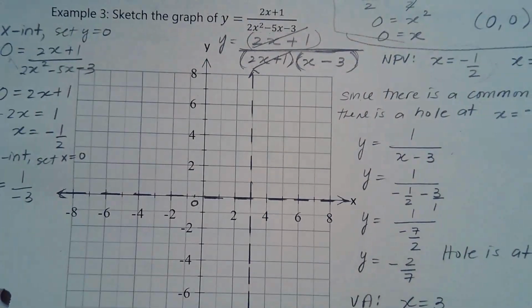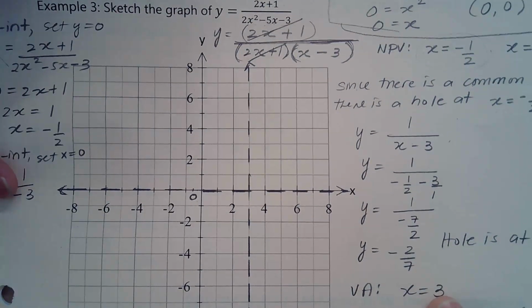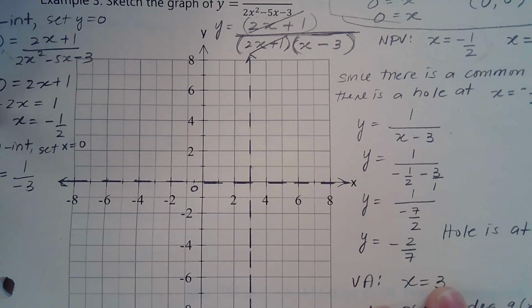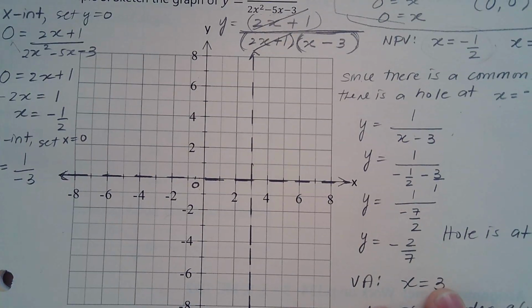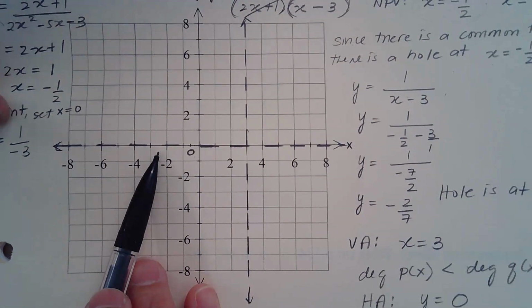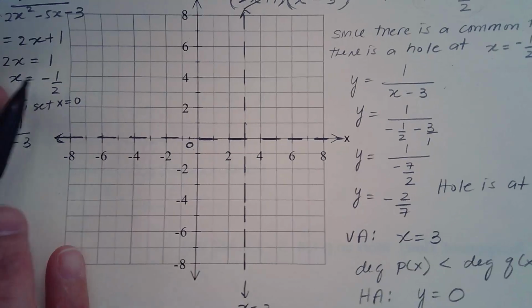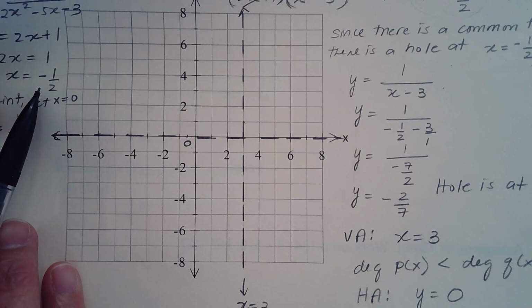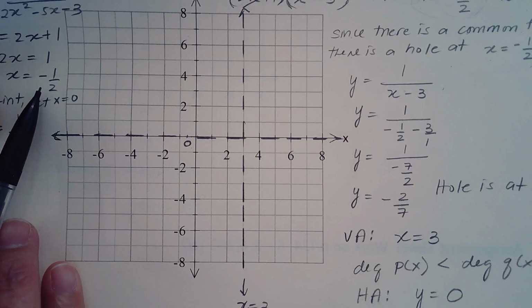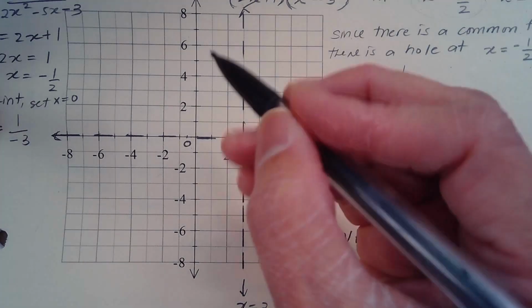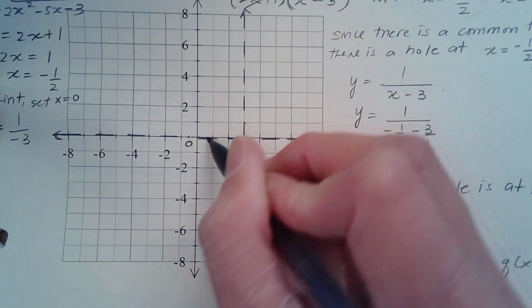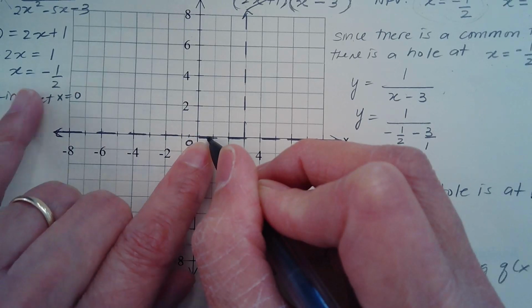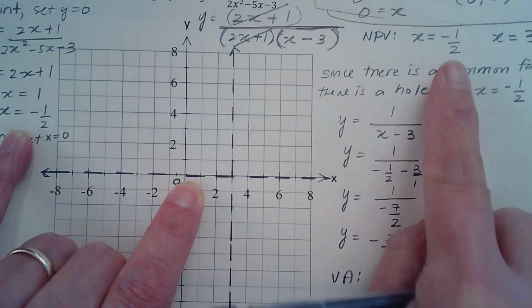I haven't done the x-intercept yet. Now, take a look at this one here. You're thinking the x-intercept is negative 1/2. So negative 1/2 for x-intercept would be over here. But then when we take a look at this one over here, they contradict.